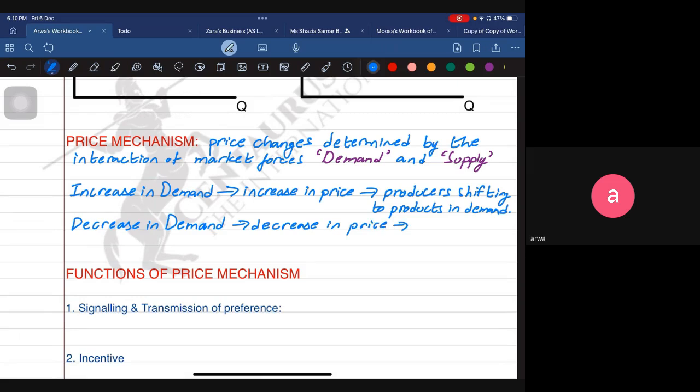And now the producer is shifting away from the products not in demand, right? Yes.